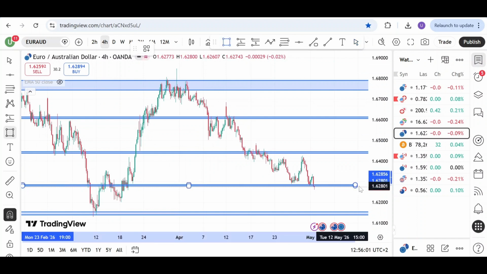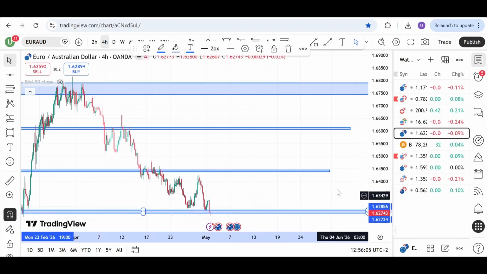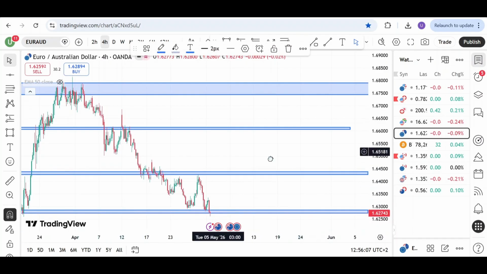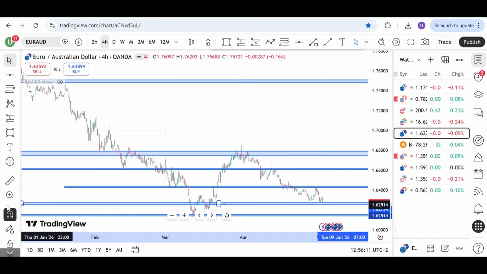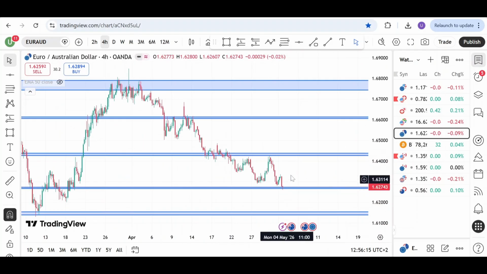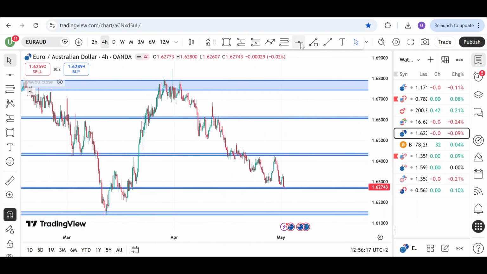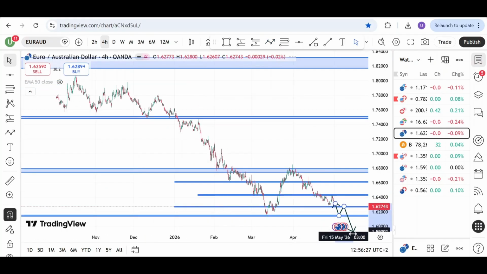This is also another level here. This is another level here. We can expect the price to break this structure here, create lower low here, retest lower high here, and then we enter for continuation in a downward trend.